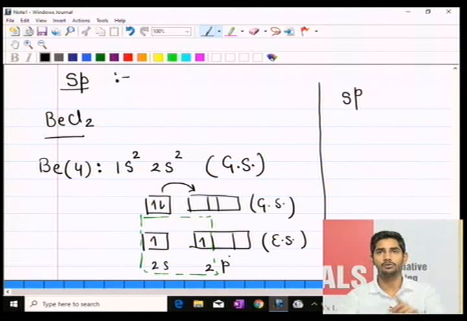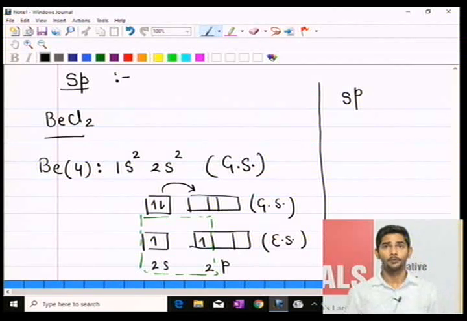Look at the box where unpaired electrons are present in the excited state. That's why we are saying it is sp, because we will use one orbital of the s and one orbital of the p. That's why after intermixing, the resulting configuration will be the sp configuration.